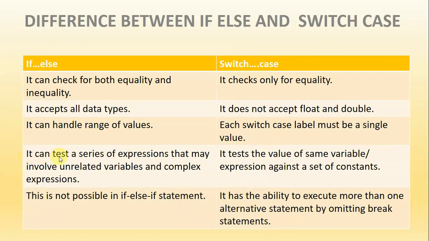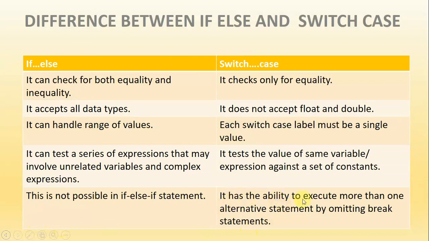If else can test a series of expressions that may involve unrelated variables and complex expressions. However, switch case tests the value of the same variable or expression against a set of constants. So in if else we can have unrelated variables, but in switch case we are checking the value of the same variable.